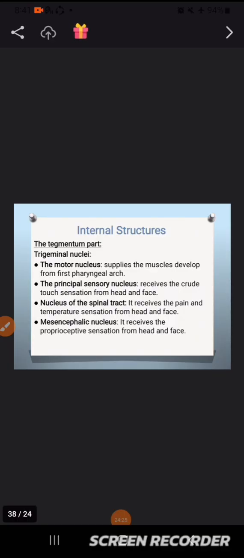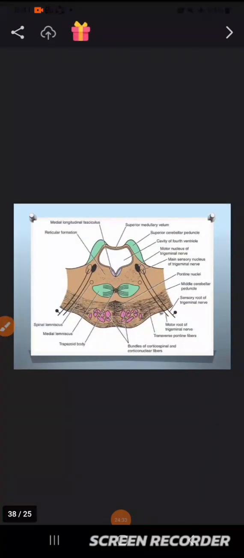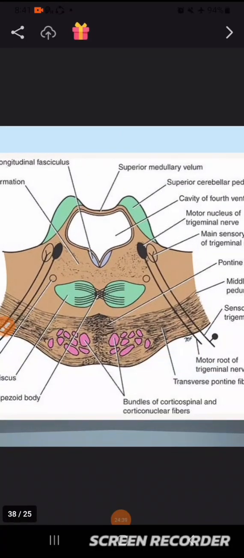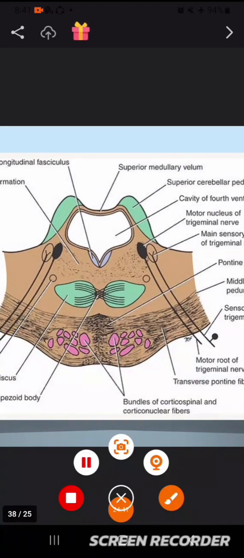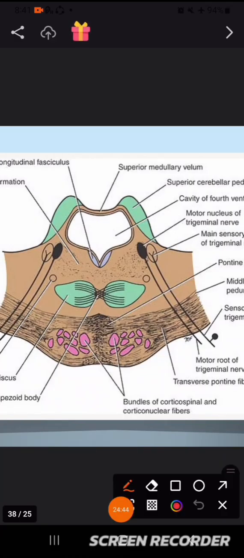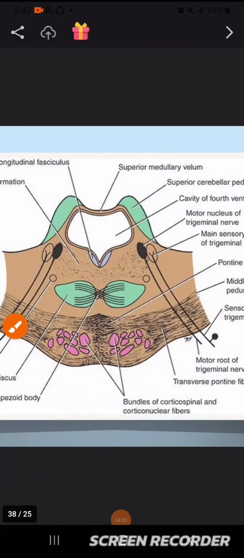The mesencephalic nucleus receives the sensation concerned with proprioception. Here you can see the motor and sensory nucleus of the trigeminal nerve.